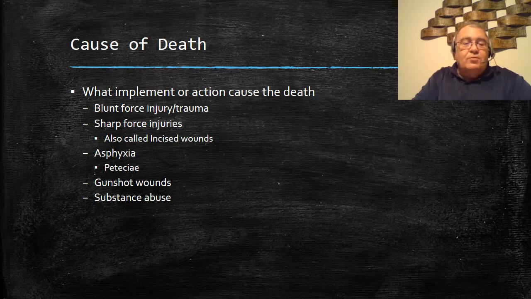And then substance abuse. Substance abuse can be caused by illegal use of substances, or by the improper mixing of illegal substances, and substances can also be used for committing suicide.